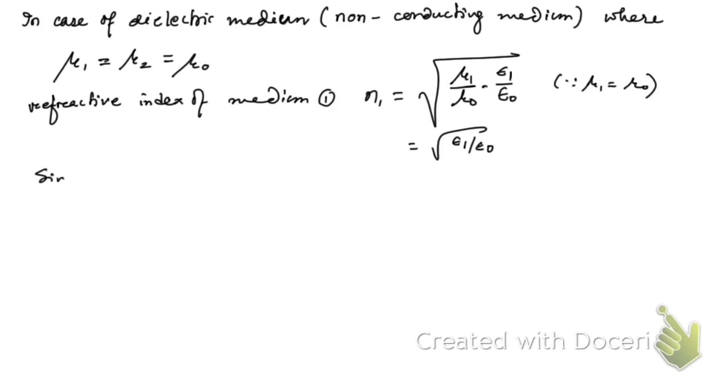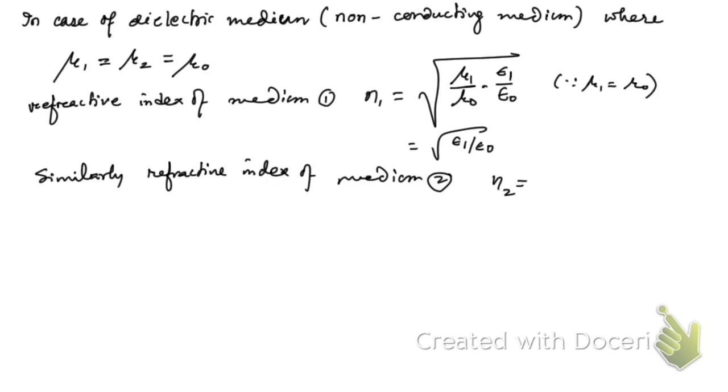Similarly, the refractive index of medium 2, that is n2, is given by root over epsilon 2 by epsilon naught for medium 2.